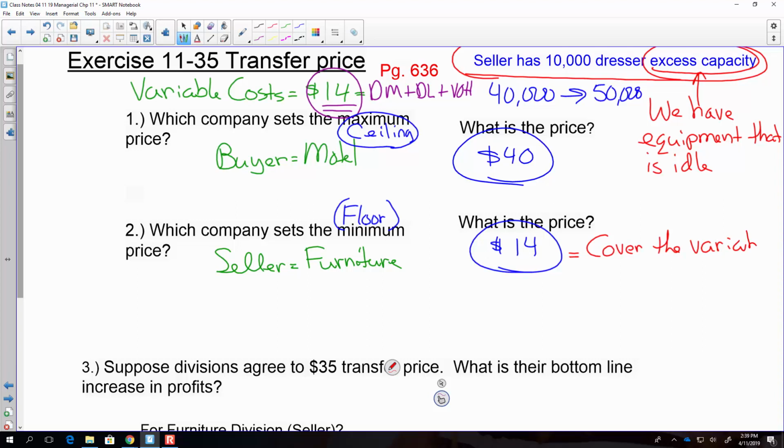In other words, set a selling price above the variable cost of some amount. $1 above, $2 above, it doesn't matter. Whatever that is, cover that variable cost, I'm good. I make more money. So I can profit by doing this.